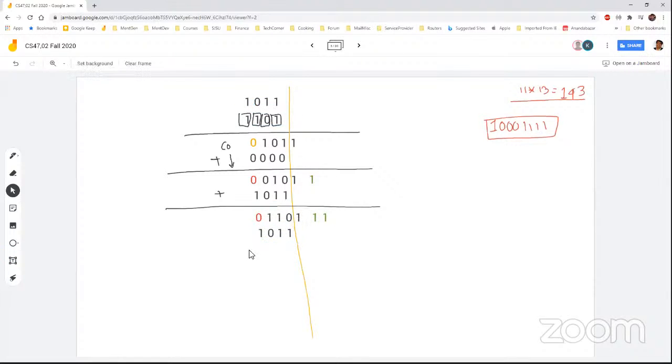Now 0 plus 1 is 1. Then 1 plus 1, 0, carry forward 1, 1 plus 1, 0, carry forward 1, 1 plus 1, 0, carry forward 1. So in this case, my carry forward amount would become 1.